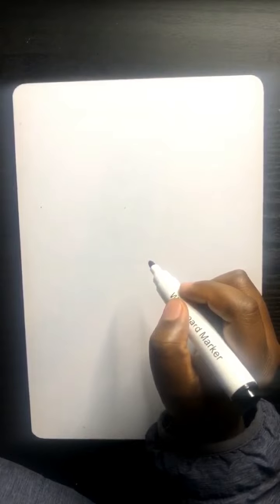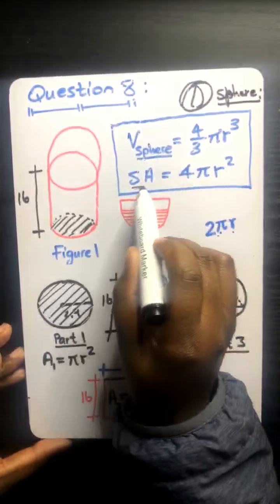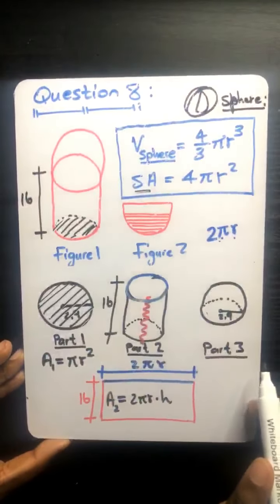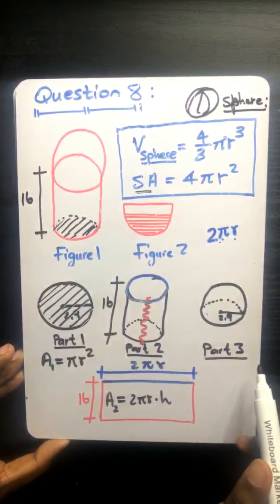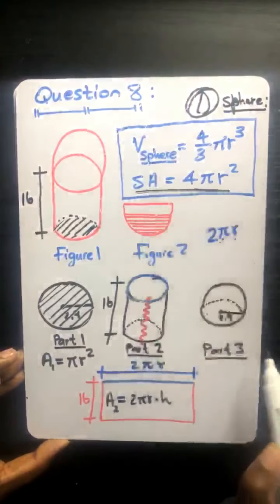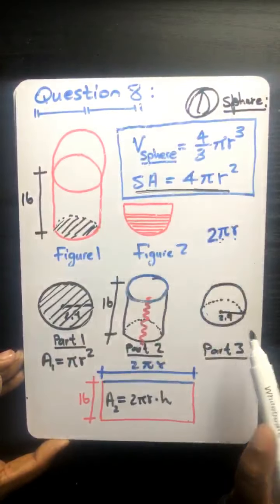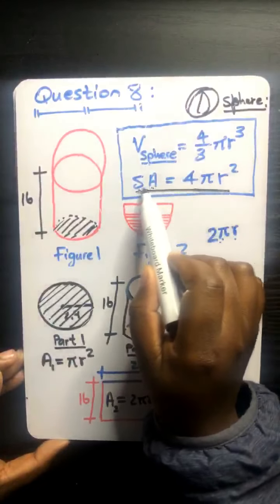Okay, before I even do that, guys, do you see that? Or is it only me who's seeing that? Trias, can you see this? Yes, sir. What is this formula saying? What is SA? Do you know what SA is?